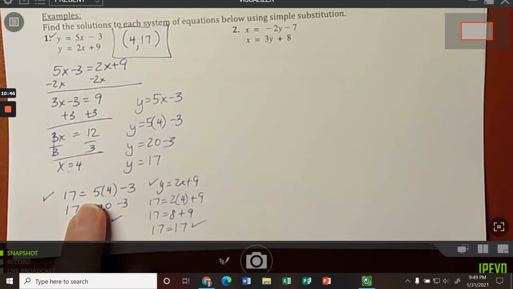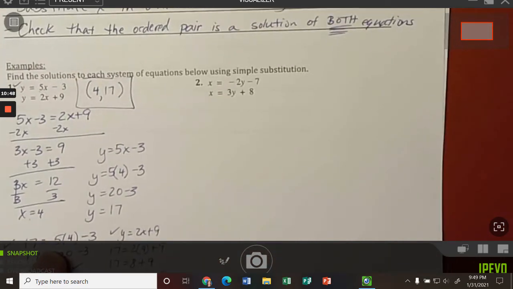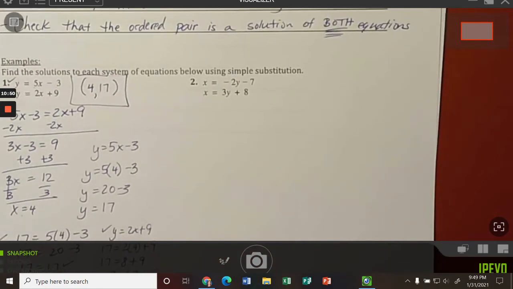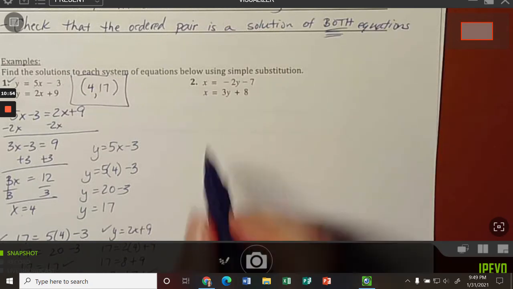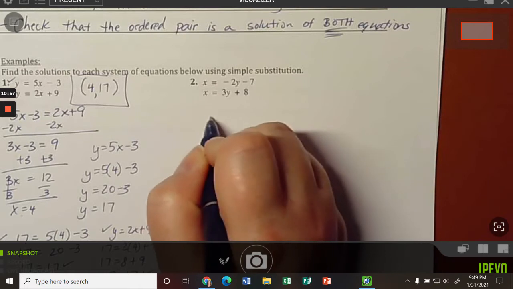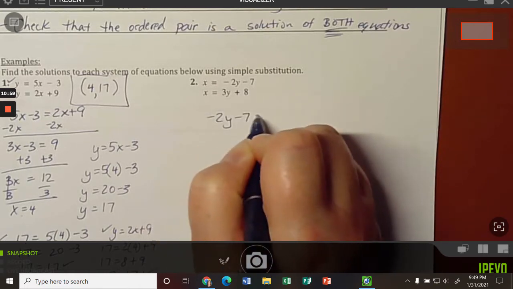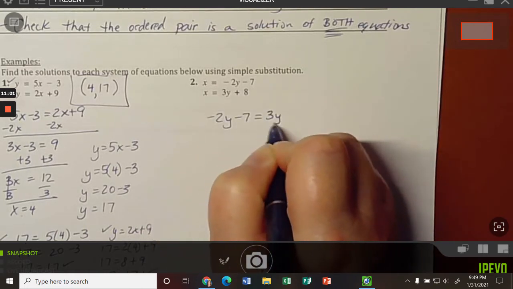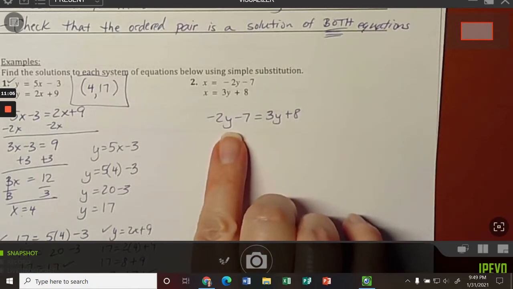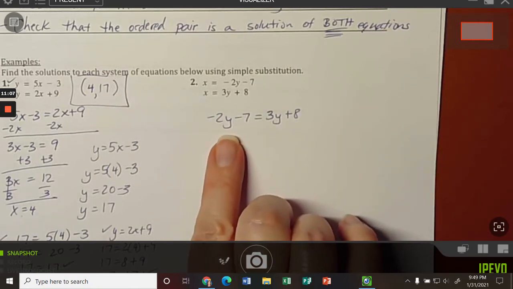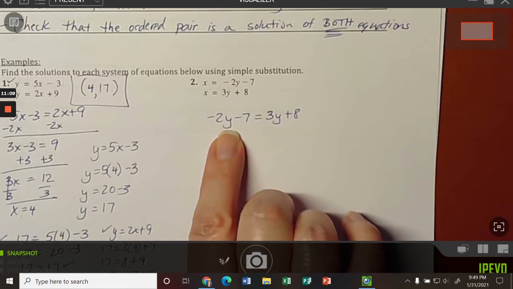And then let's look at number 2. We have x equals negative 2y minus 7 and x equals 3y plus 8. So if these are both equal to x, then they're both equal to each other. So we can say negative 2y minus 7 equals 3y plus 8. And again, we have a one variable equation, except this time the variable is y instead of x.